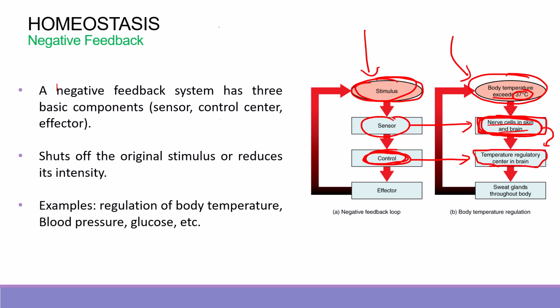And once the brain detects that the temperature is going high, the brain will decide, okay, the stimulus is high temperature, that is bad. The response has to be something that will contrast the stimulus. So that's why it's called negative feedback loop, because the action that the body is going to use is going to be something against the stimulus.